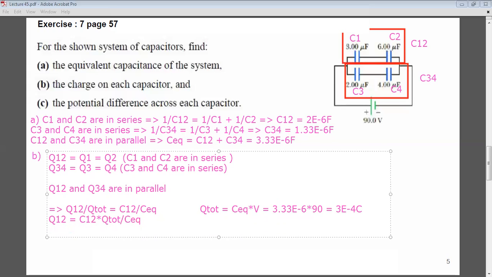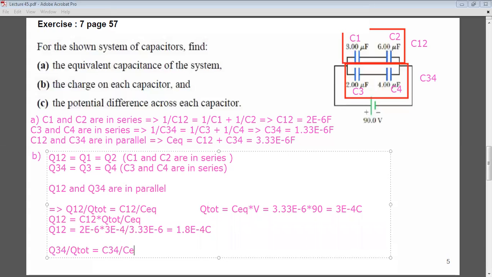So Q12 is equal to C12, which is 2 e to the minus 6, times Q total, which I have just calculated, 3 e to the minus 4, divided by the equivalent, which is 3.33 e to the minus 6, and I will get Q12 equal 1.8 e to the minus 4 coulomb.